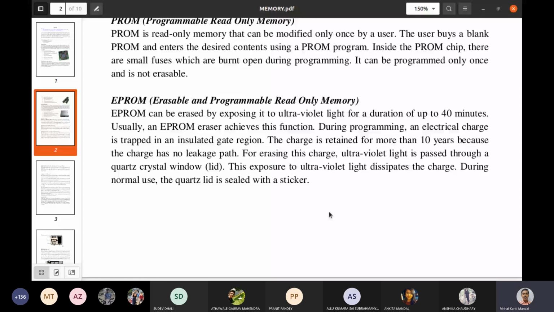And once you program, then you can continue this program, because here the leakage path is already blocked. So if you store it, then it can continue a long time, maybe several years it can be used. And if you need, then it can be erased again by exposure to ultraviolet light.